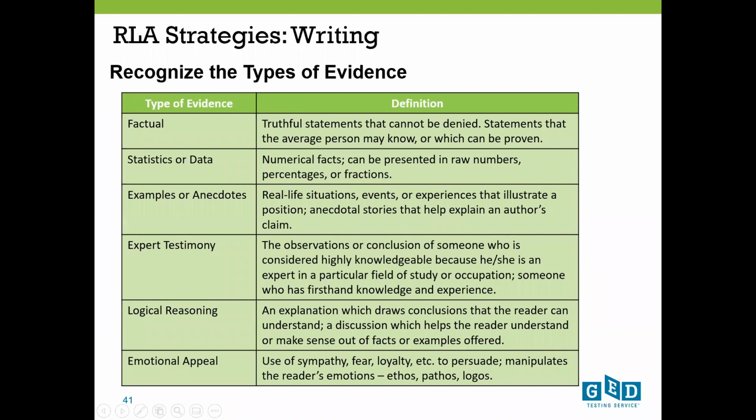A couple of things to keep in mind is that when we're looking at evidence, when it comes to extended response, there are a lot of different types of evidence that students may find when they're reading through the pro and con side. And we all know that some types of evidence are stronger than others, but we want students to be aware of what those different types of pieces are, whether it's facts or statistics. In some of the sources, they may see examples or anecdotes.